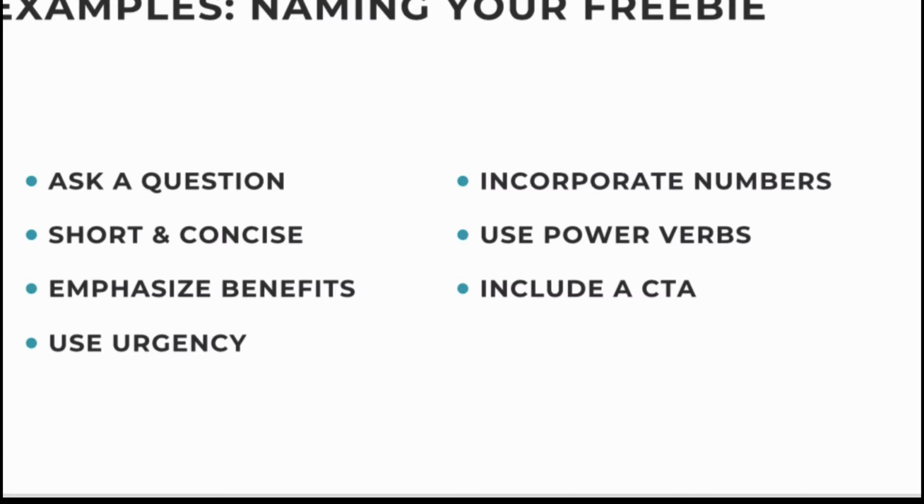If your ideal clients are new business people, that could be your freebie. You want to use power verbs. Power verbs are action verbs, which is not writing, doing, reading. It's write, do, read. So make sure your titles contain action verbs rather than the ing version of a verb.